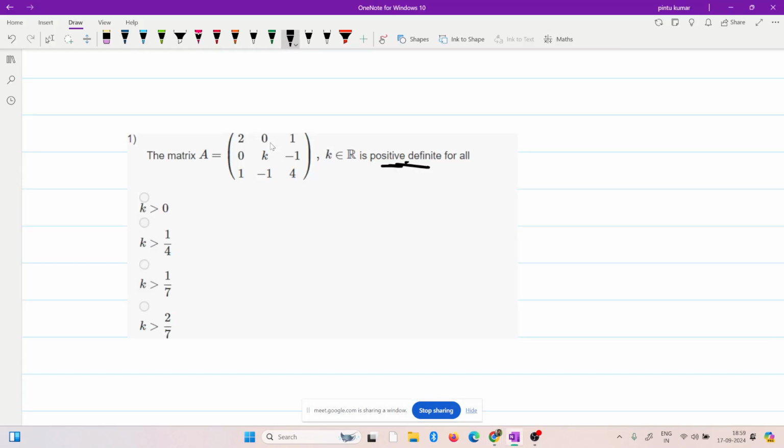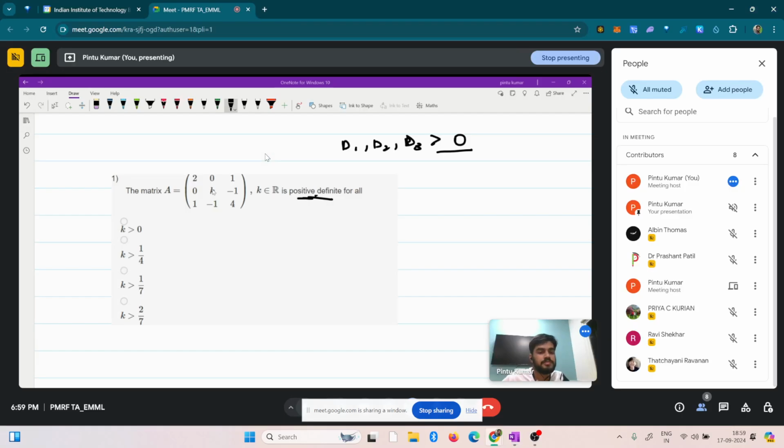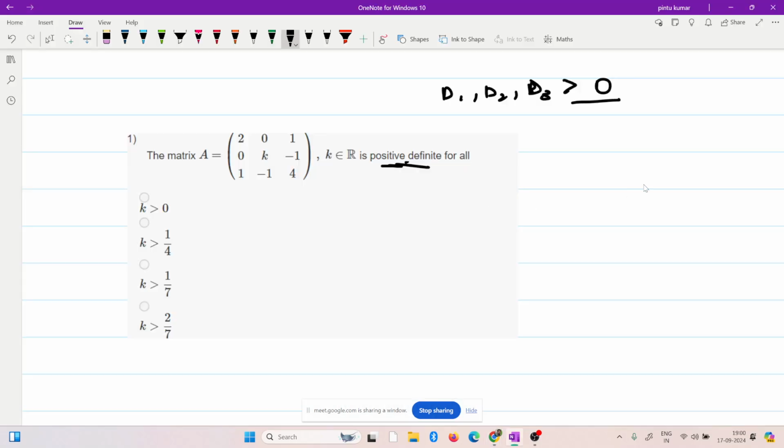You just need to find D1, D2, D3, pose the condition that each is strictly greater than 0, and see what values of k you obtain. Somebody says 2 by 7. We'll wait for others also to solve.